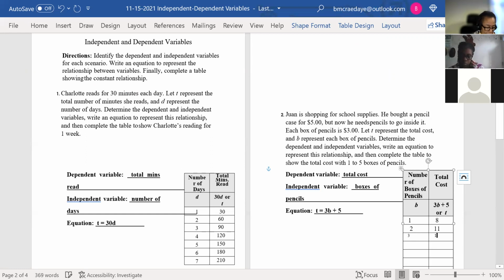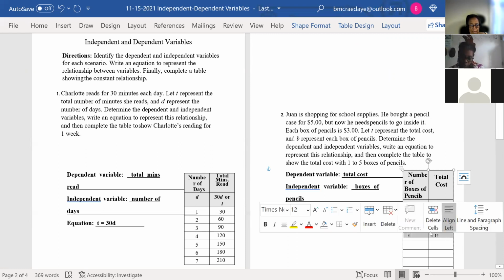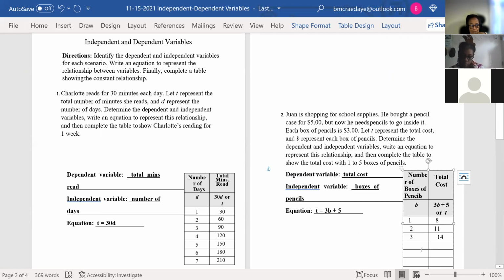So you can see it's increasing by 3, because each box of pencils is $3. You can just add 3 to the next one. When you have 4 boxes, you know the next one is 3 more. 3 times 4 is 12 plus 5, and that's 17.